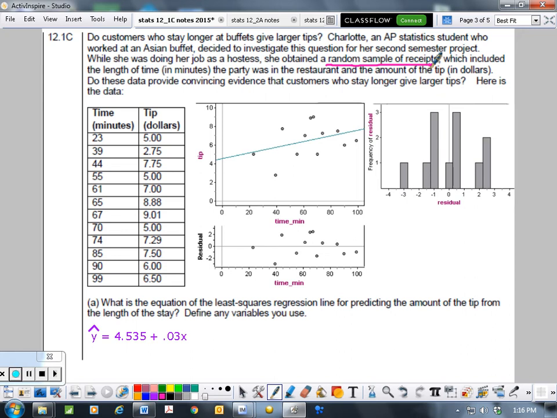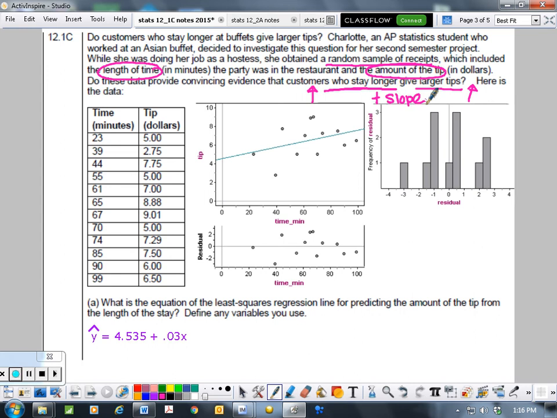Those are our variables. Do these data provide convincing evidence that customers who stay longer, so increased time, will give larger tips? If it's an increase, we're looking for a positive slope.